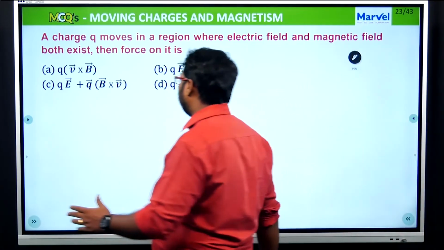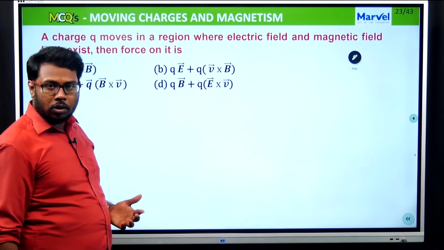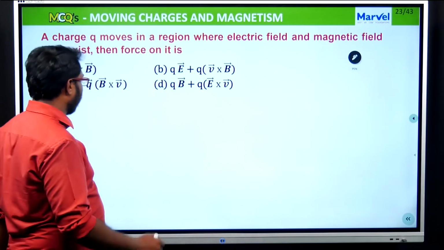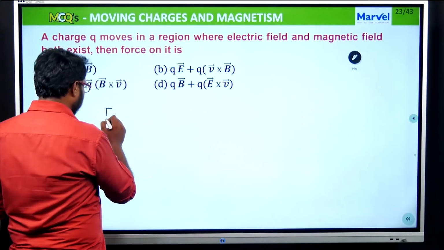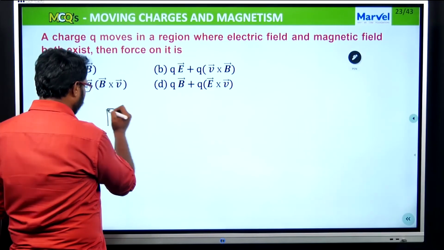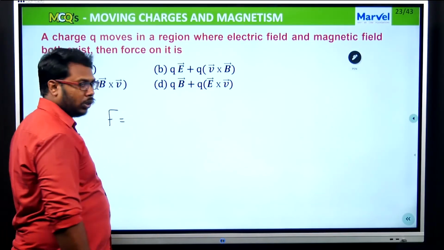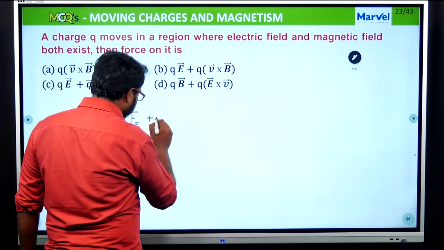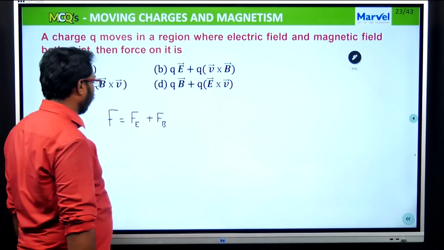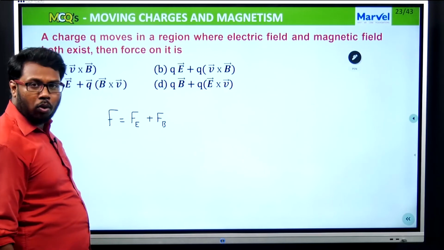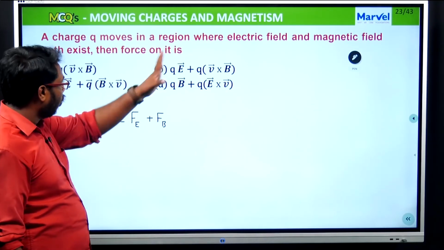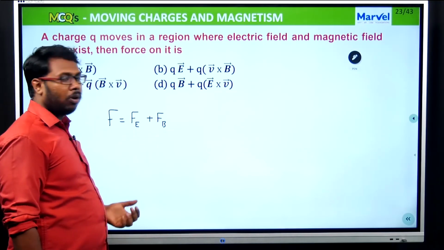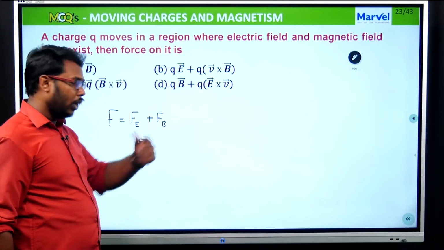So here the 4 options represent the complete force experienced by a charge which is under the influence of electric and magnetic fields. There is a force called the Lorentz force, which is given as the force due to the electric field plus the force due to the magnetic field. This is the overall force experienced by a charge Q. So capital F represents the Lorentz force, which is nothing but the sum of the forces on the charge in the electric and magnetic fields.